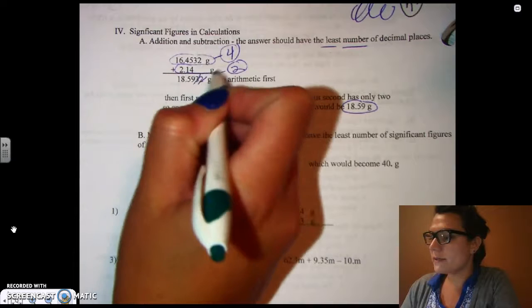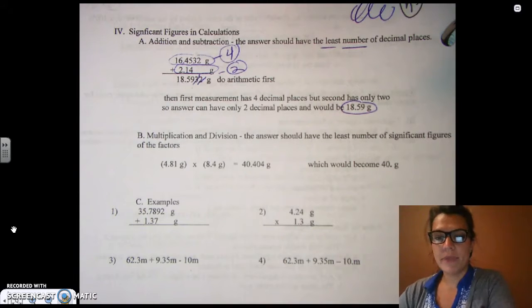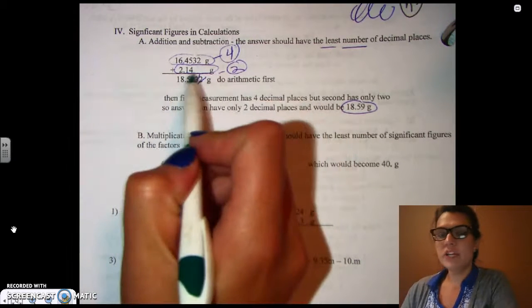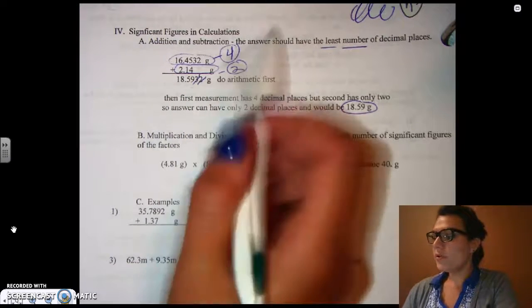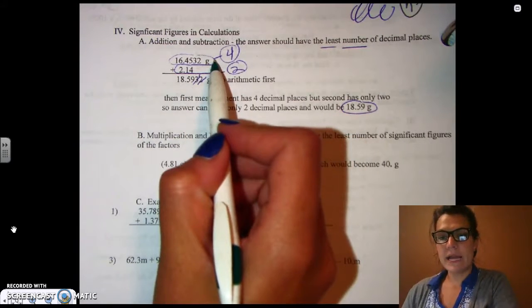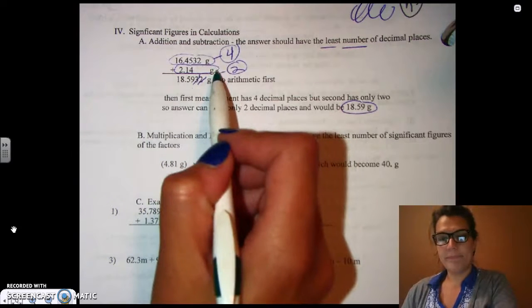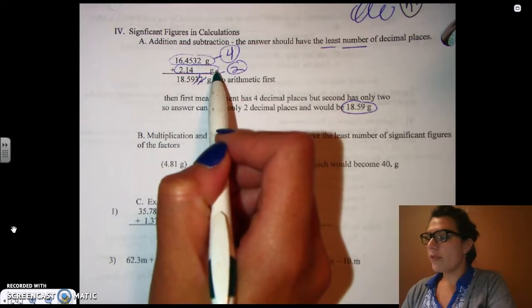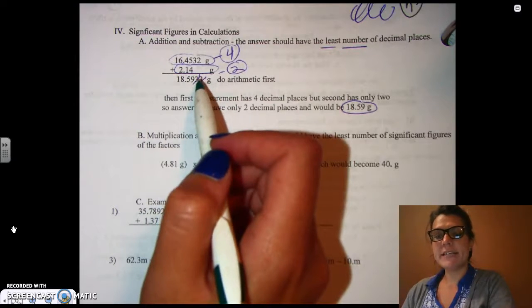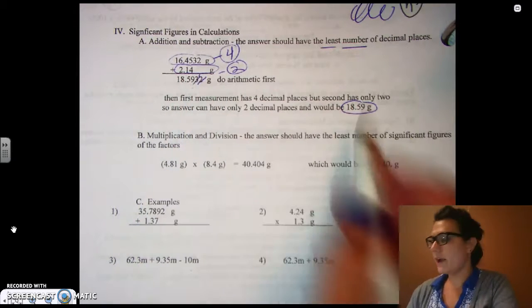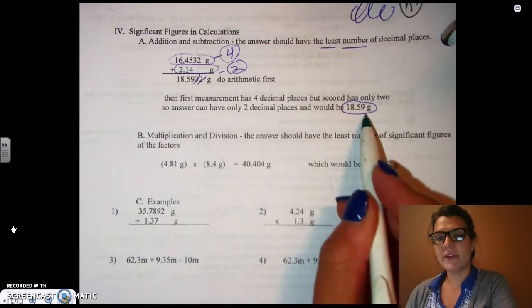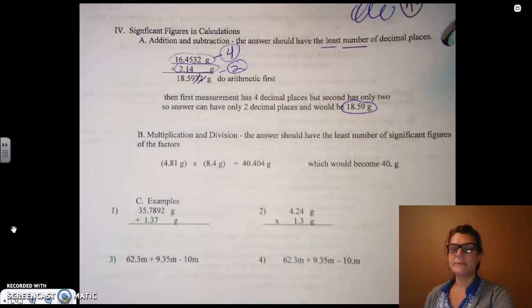However, the scale that I used to measure this chemical can only read 1, 2 places past the decimal. Even though this scale is super precise, this one is not. So the rules of significant figures tell me that I can only be as precise as this one, and that's why I can only have 2 significant figures past the decimal. Okay? All right, that's addition and subtraction.